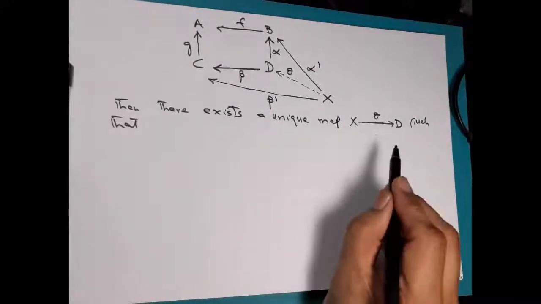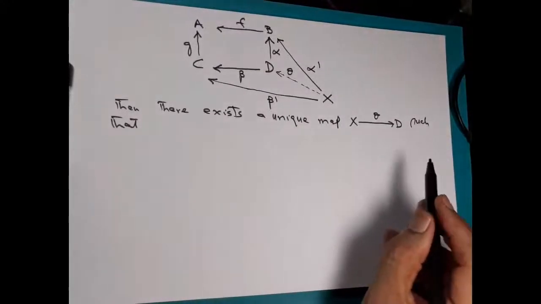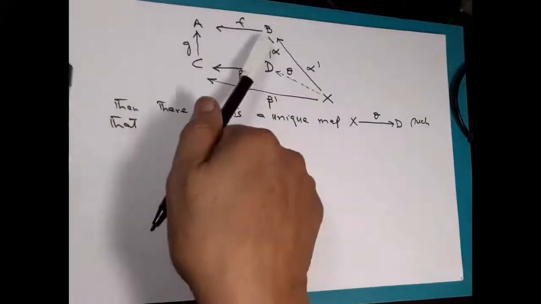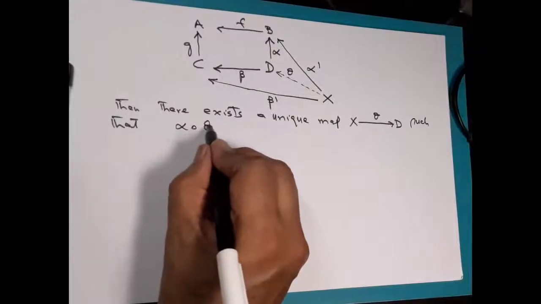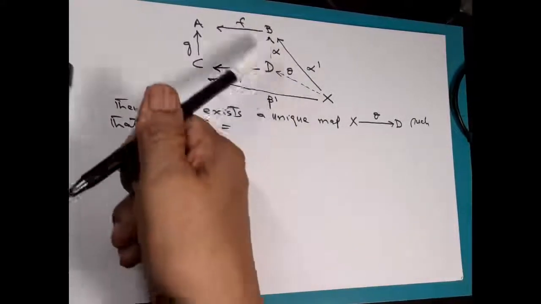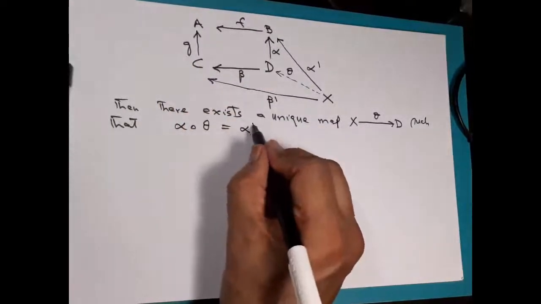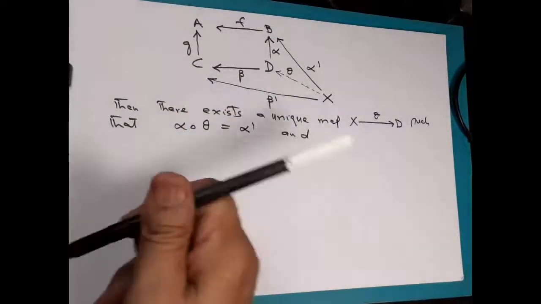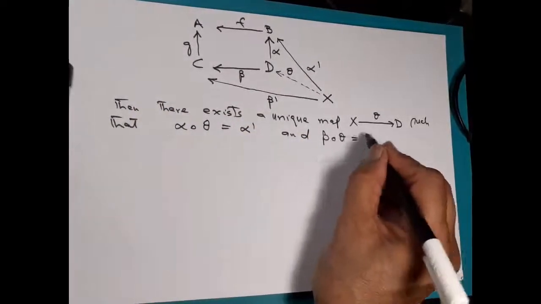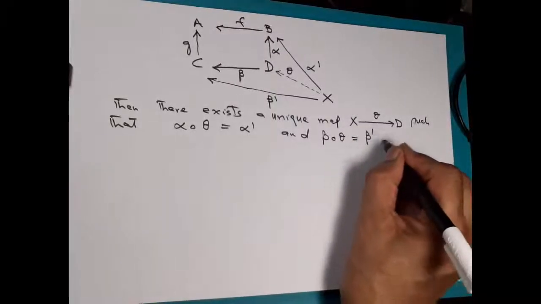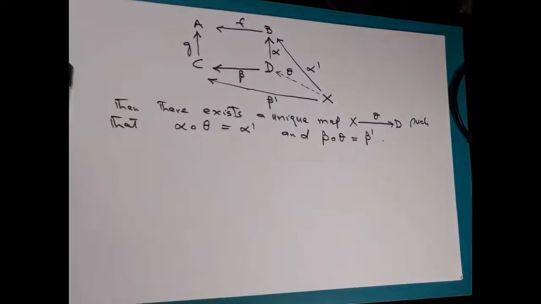Theta must satisfy these two conditions: alpha composed with theta should be equal to alpha dash, and beta composed with theta must be equal to beta dash. So this is the definition of pullback, which is dual to the definition of push out.